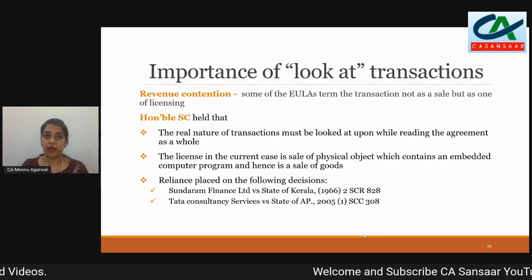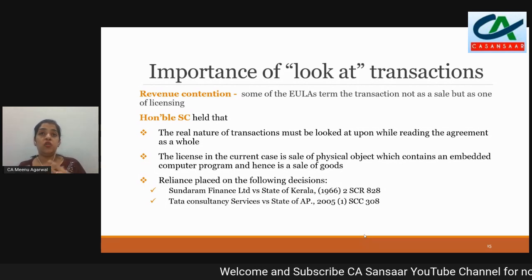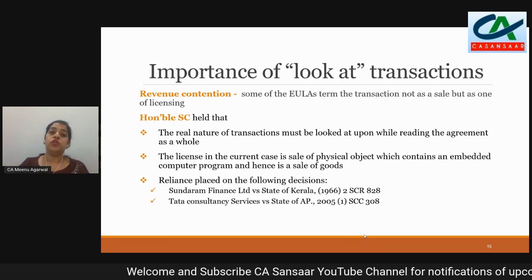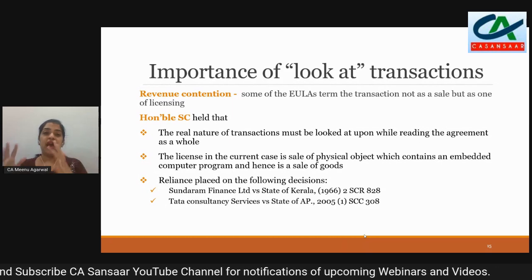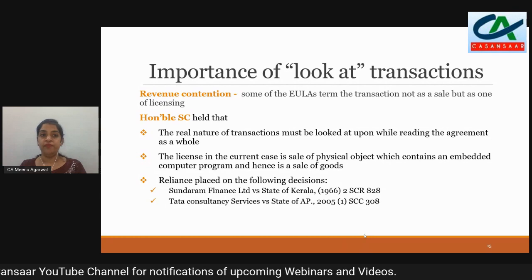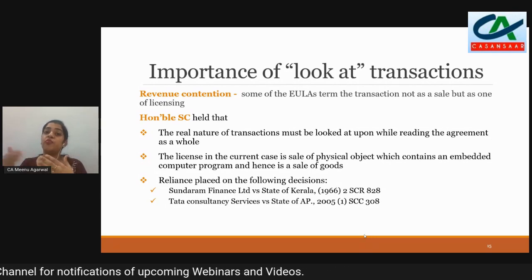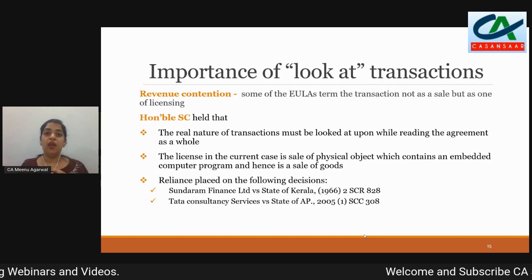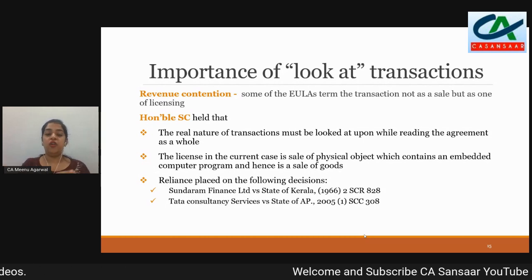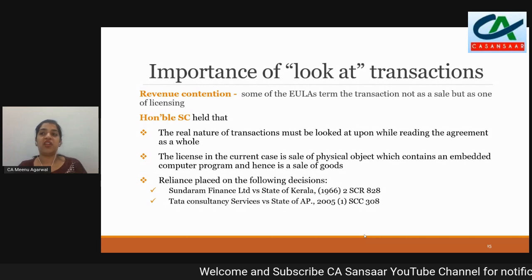But on the other hand, if I allow the publisher to reprint as many copies as he wants, not as per my orders, but as per what he wants, so I am transferring my exclusive right that I had on the book. I have transferred it.